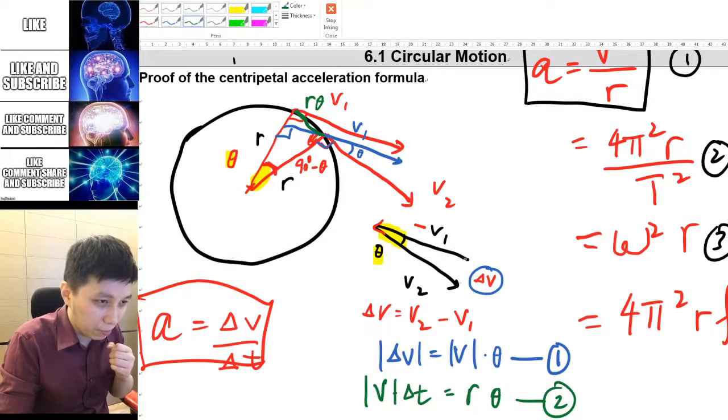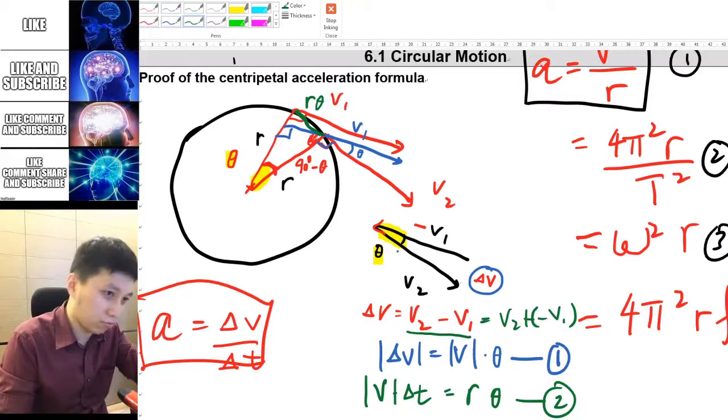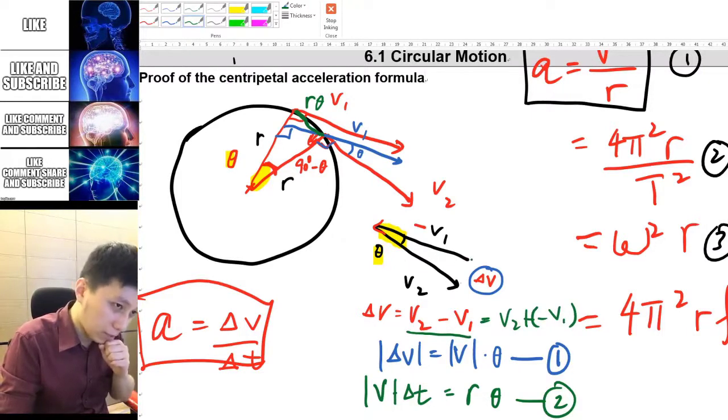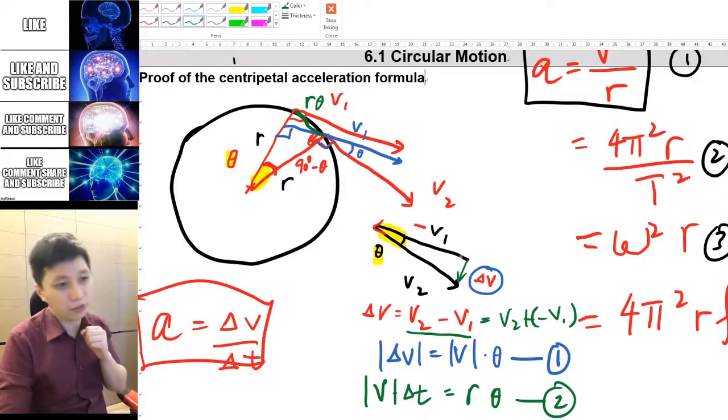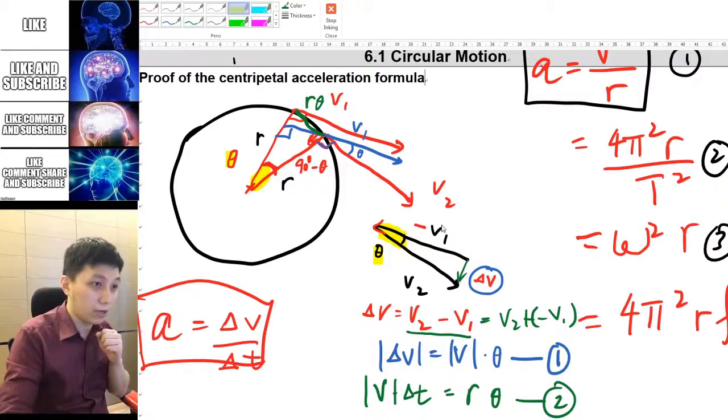What you should do is, because the vector is v2 minus v1, that is like v2 plus negative v1, right? So, you know, the diagram here. It should actually come from this point all the way to here, and that is pointing in this direction instead. I'm sorry about the mistake.